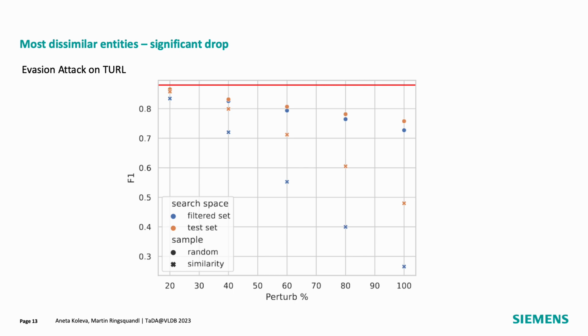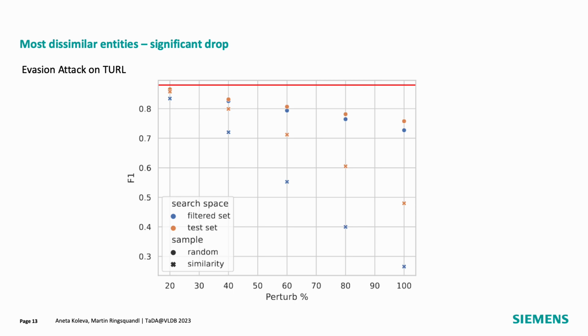So in the evaluation, we gradually increase the percentage of entities that we swap in the columns, ranging from 20 to 100%. And then for choosing the adversarial entities, we sampled from the filtered space, which includes only novel entities, or from the test set, where we also have overlap with training.